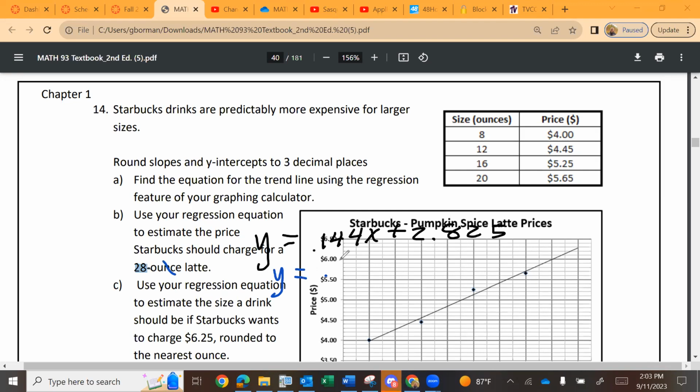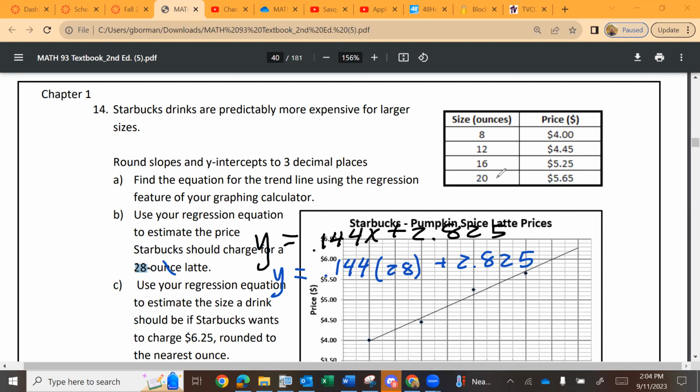So I say, all right, Y equals 0.144, and again, you're going to do a lot of the same stuff in all the other chapters, plus 2.825. Now if we take a look at this, a 28 ouncer should be more than $5.65, because a 20 ouncer is that.